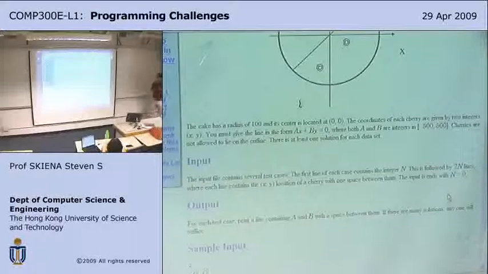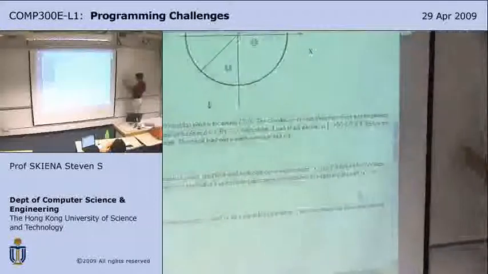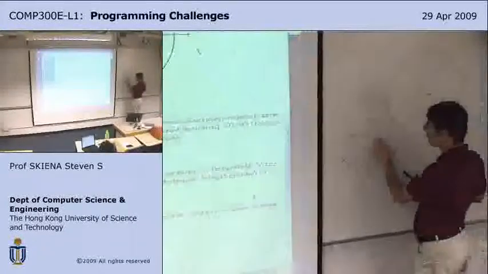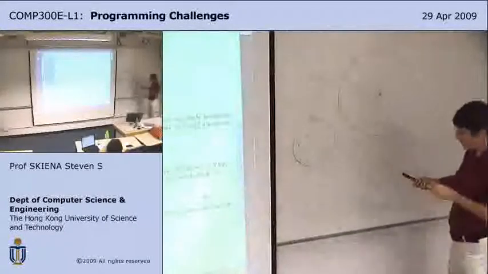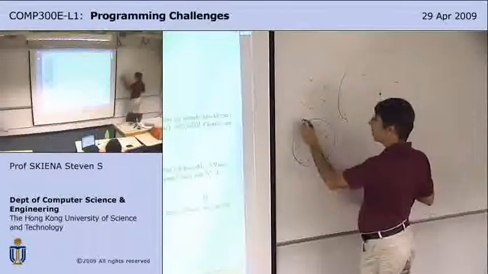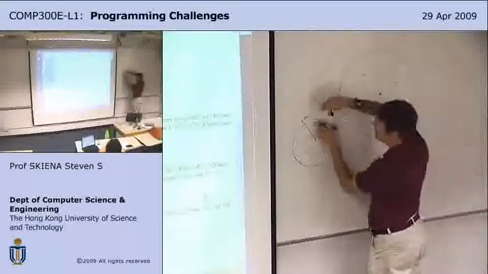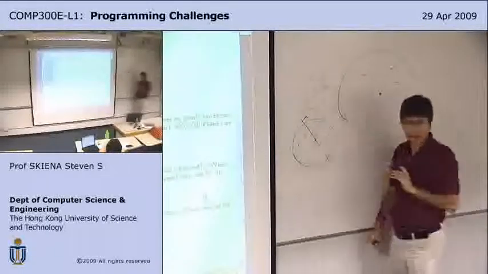Let me tell you why I think there is. Suppose we have a world where there are more cherries. How many cherries are there now? 1, 2, 3, 4, 5, 6, 7, 8. Suppose I draw this line, and I consider a plane that is rotating around.